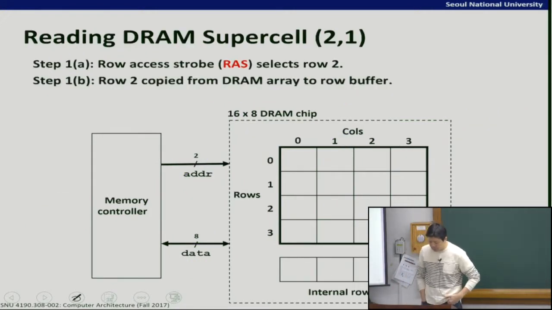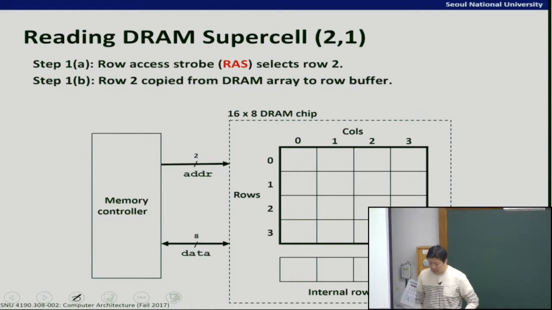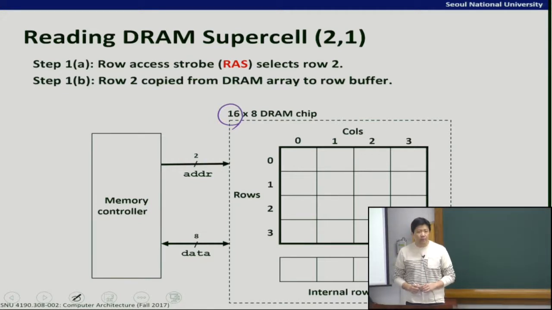This shows an example. By the way, for this DRAM access, because we have 16 supercells, we need 4 bits to refer to a specific supercell, because we have 16 distinct addresses.